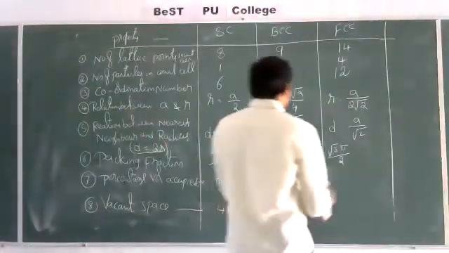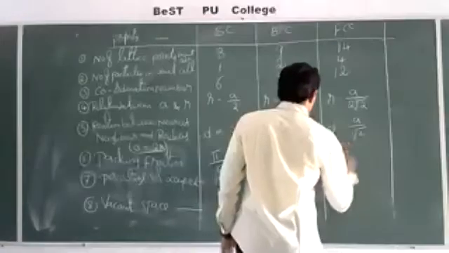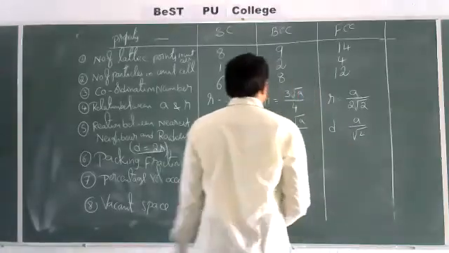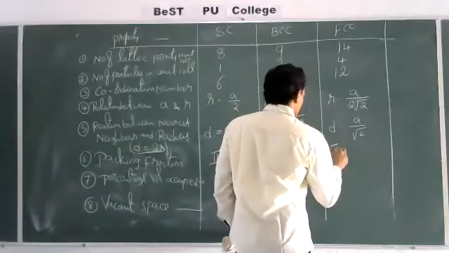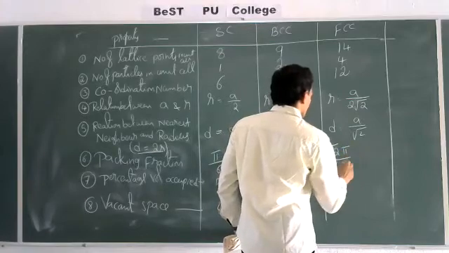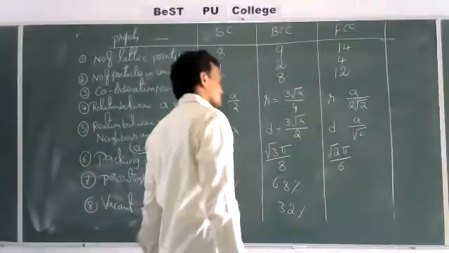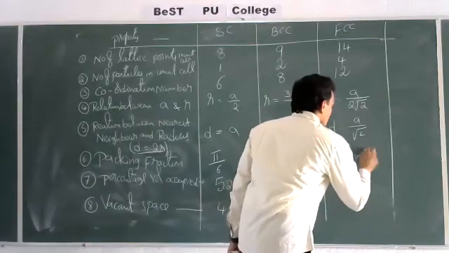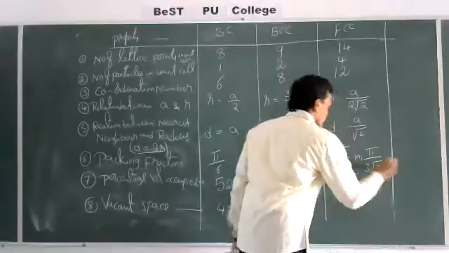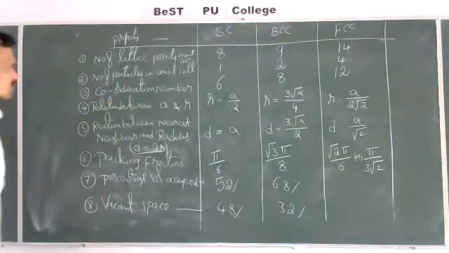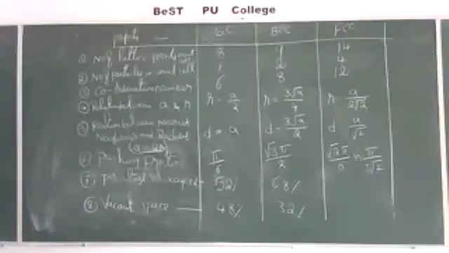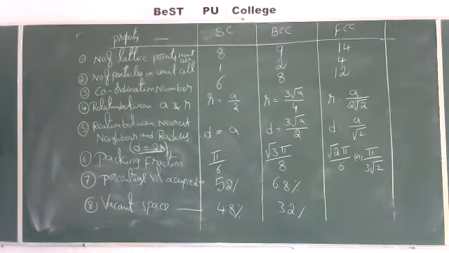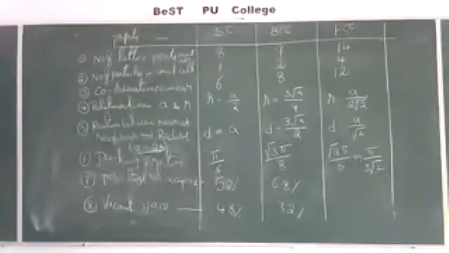Sorry, this is root 2 pi by 6, or pi by 3 root 2. Yes. So in case of the FCC lattice, the packing fraction is root 2 pi by 6, otherwise pi by 3 root 2.